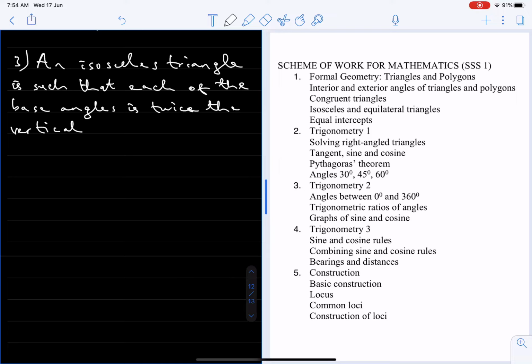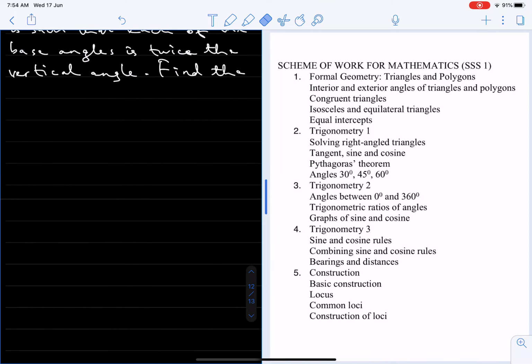The vertical angle is the last angle that's not a base angle. It's twice the vertical angle. Find the angles of the triangle.